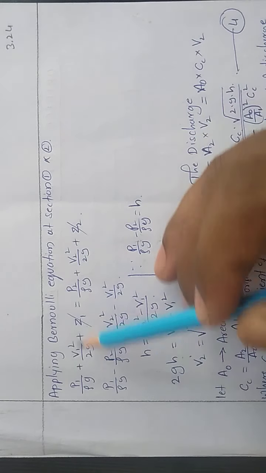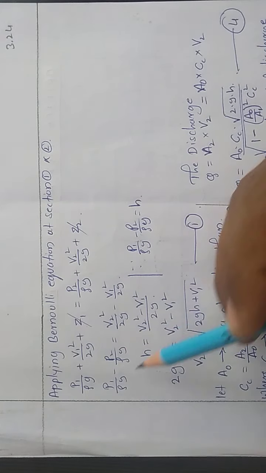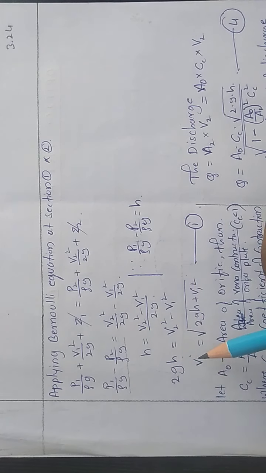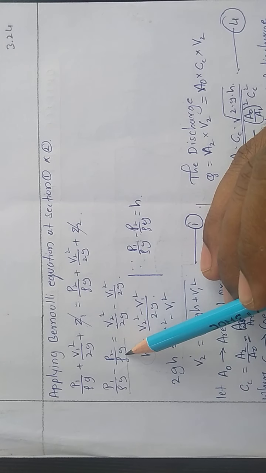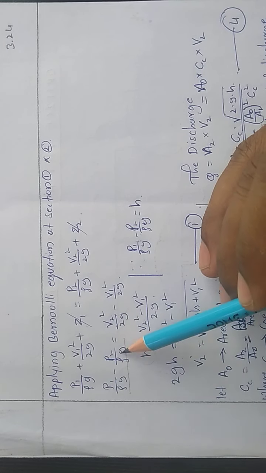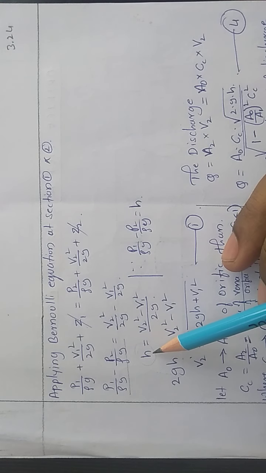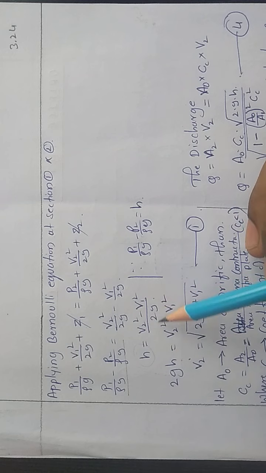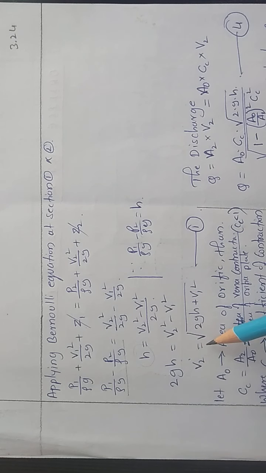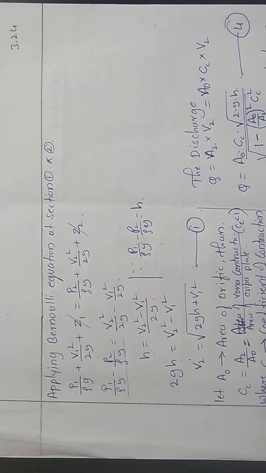I'm just rearranging the terms of this Bernoulli's equation. p1 by rho g minus p2 by rho g is nothing but h, the head. This is the head at the inlet, this is the head after the orifice plate, and the difference of that we get as h, which we already discussed. By simplifying, we get the expression for v2: v2 is equal to square root of 2gh plus v1 square.